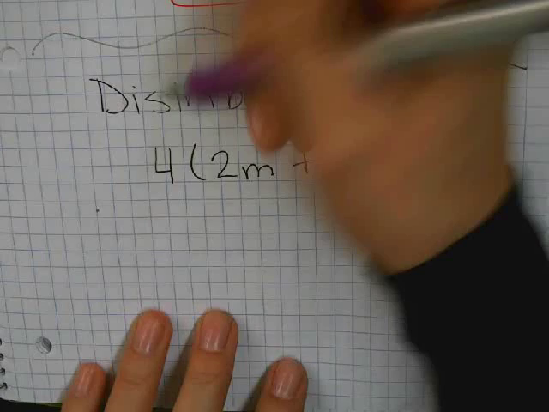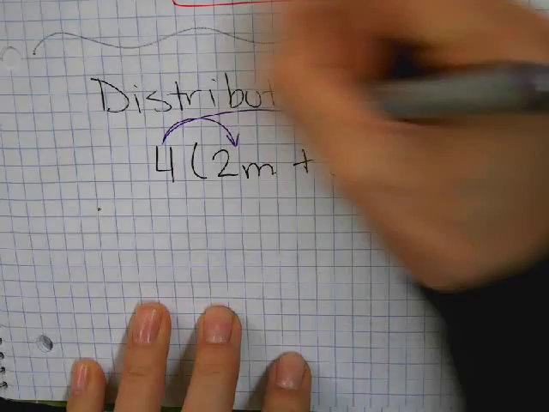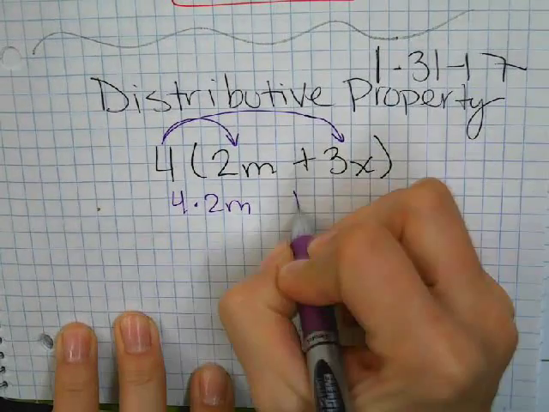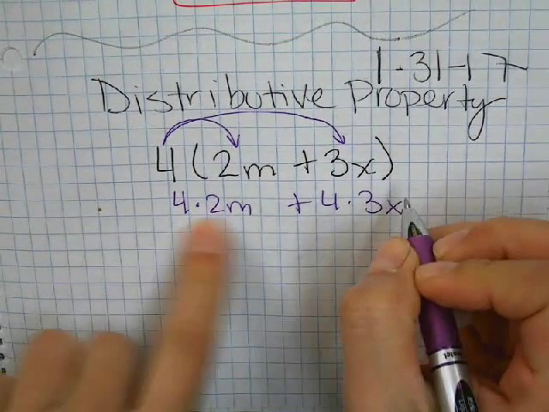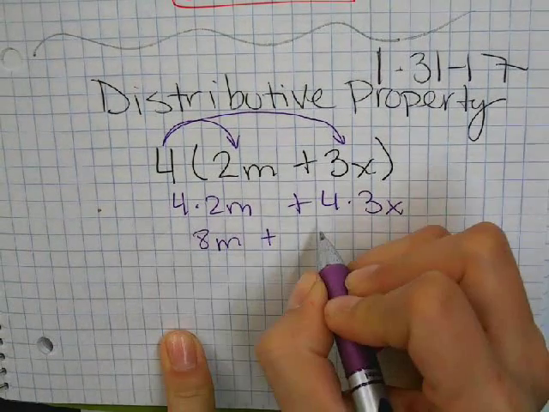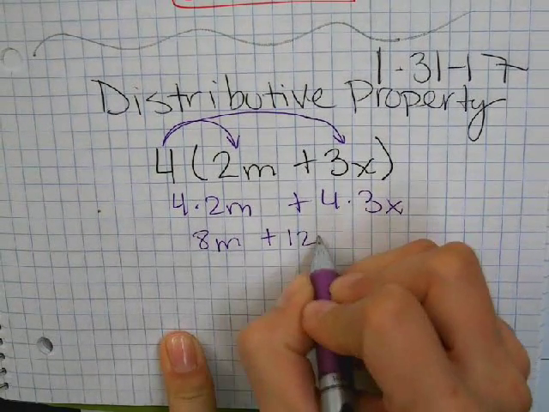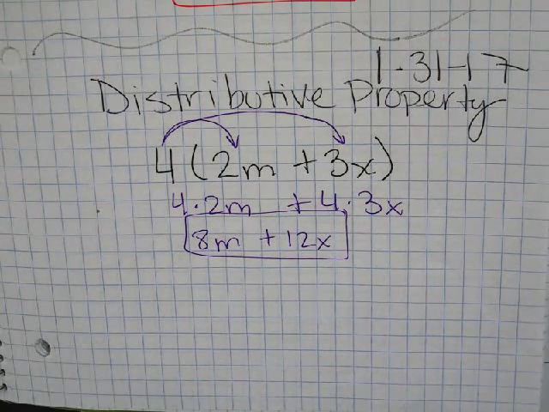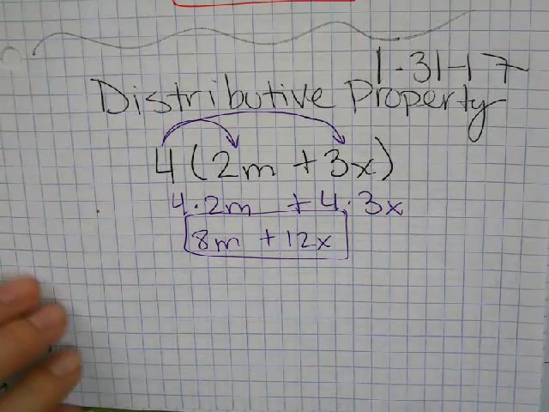So the distributive property says multiply the 4 times the 2m and the 4 times the 3x, right? So 4 times 2m plus 4 times 3x. 4 times 2m is good. Plus 4 times 3x is, and we're done, right? So that's like basic.